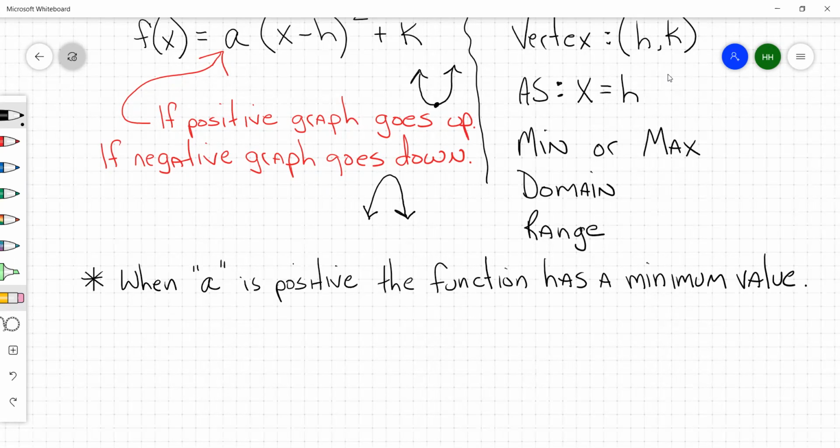When a is positive, the function has a minimum value. That's because the graph goes up and the vertex is at the bottom of the parabola.